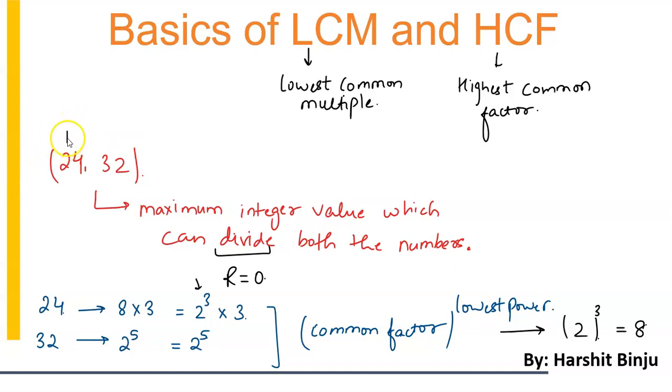So you can write 24 as 8 into 3, and you can write 32 as 8 into 4. So basically you can write a number as HCF multiplied by an integer value.